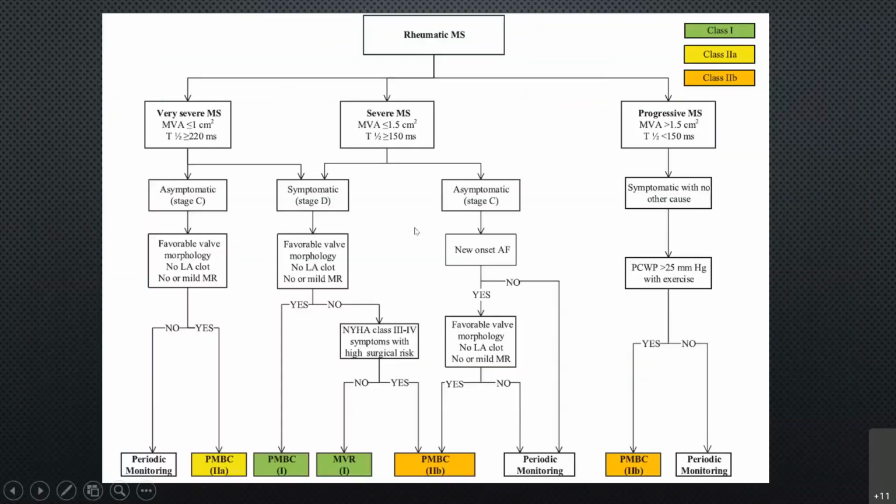So once you know whether it's progressive, severe, or very severe, what do you do next? That's where the role of TEE is. You want to check for MR, as John said. If there is more than moderate MR, it's a relative contraindication for balloon mitral valvotomy, because you are splitting the orifice open, and if it's already moderate to severe MR, you're just going to make it worse.